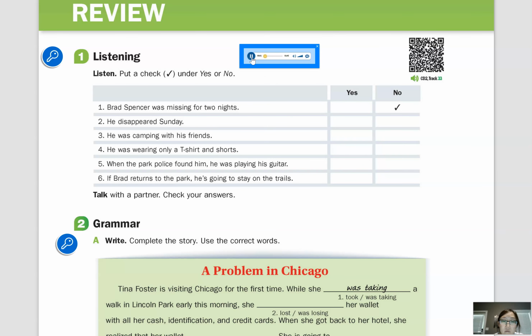Review, Units 9 and 10. Page 134. Exercise 1. This is a KPST radio special report. Park police have found a Denver man who was missing overnight in Rocky River National Park.